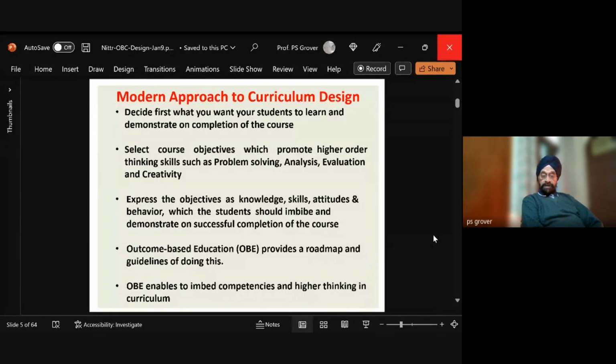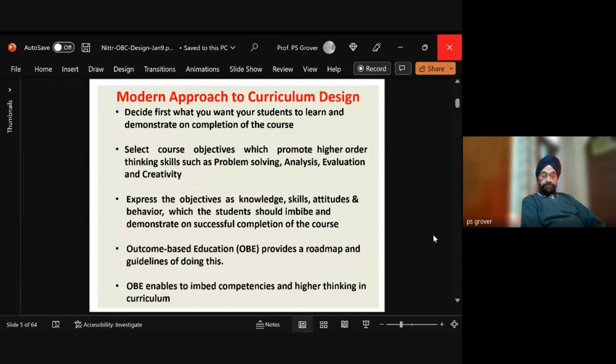We may be late, maybe 10 or 15 years late, but in the Western world, this has been done with the help of outcome-based education processes and practices. How we can train the student to gain this kind of knowledge is when we implement outcome-based education.